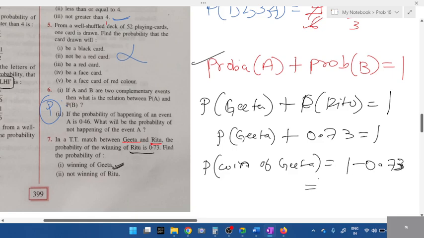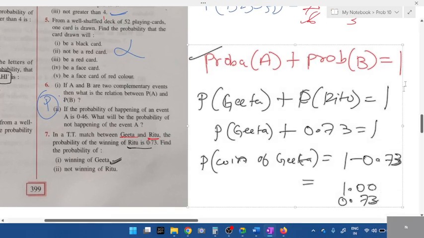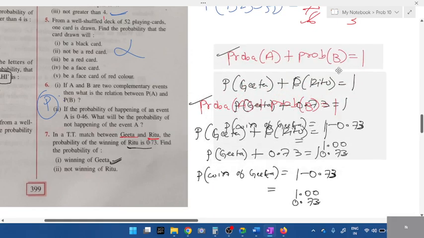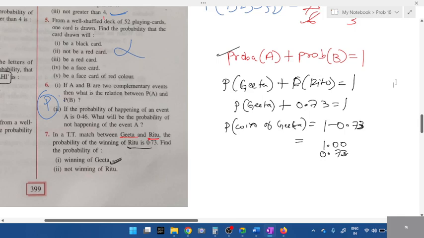So remember this, whenever there are two people given, A plus B should be equal to 1. Even the complementary concept is based on that. I'll teach that tomorrow, or at the end I'll teach all that concept. So what is 1 minus 0.73, students? Calculate it. 1.00 minus 0.73, borrow the value. 0.27.